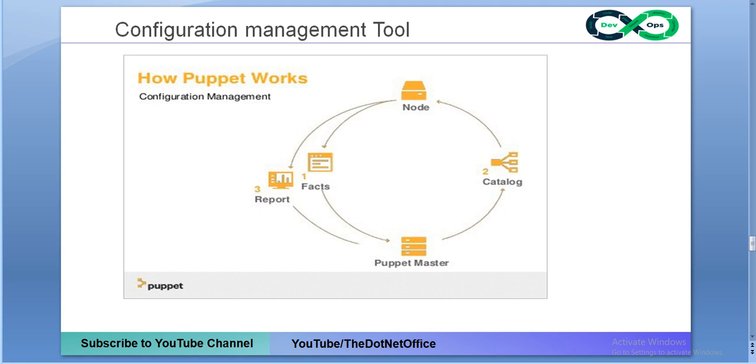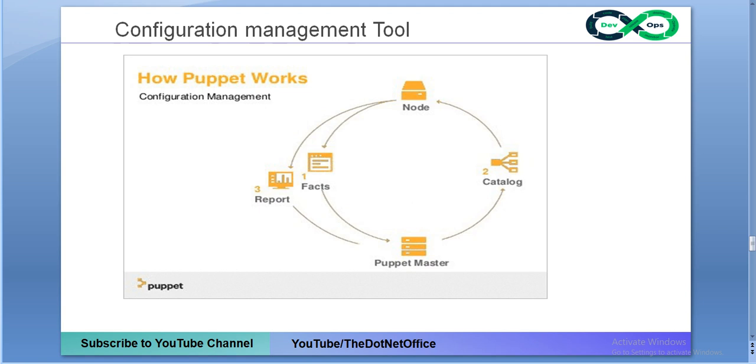Now next comes what we can use as a configuration management tool. There are so many tools available here. SolarWinds is a tool, and there are different tools also available, like CFEngine, which is also a configuration tool we use in DevOps, and we use Puppet, and apart from this we can use Chef.